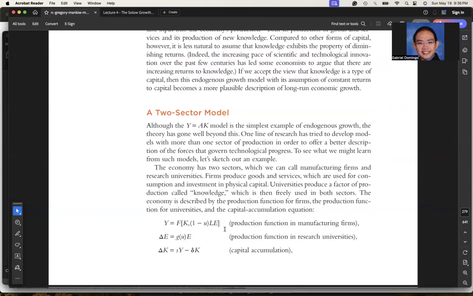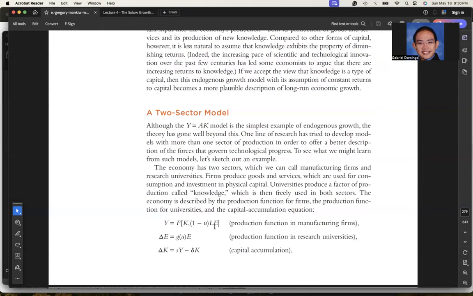But what's good about the two-sector model is it'll tell you, hey, what are the sources for the fact that there's no diminishing returns to capital? And the source of that is that we are in fact investing in knowledge, right?